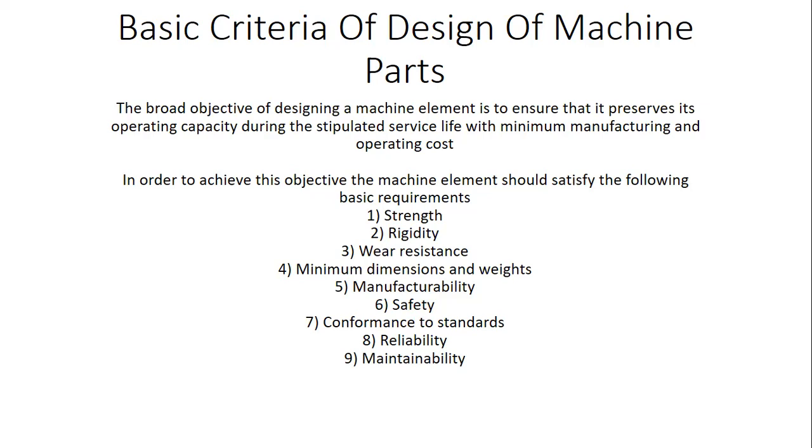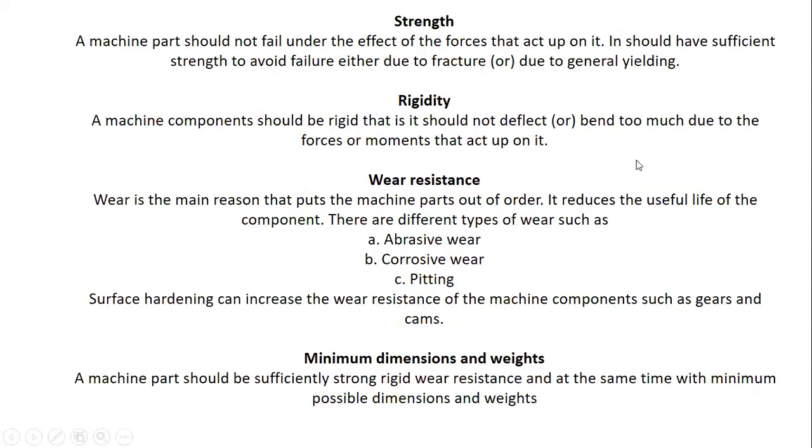In order to achieve this objective, a machine element should satisfy the following broad areas: strength, rigidity, wear resistance, minimum dimensions and weights, manufacturability, safety, conformance to standards, reliability, and maintainability. Let us look at these criteria one by one.